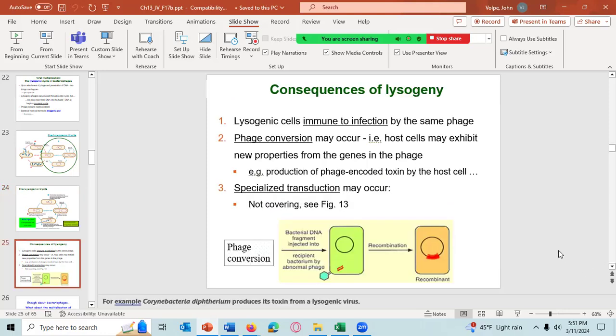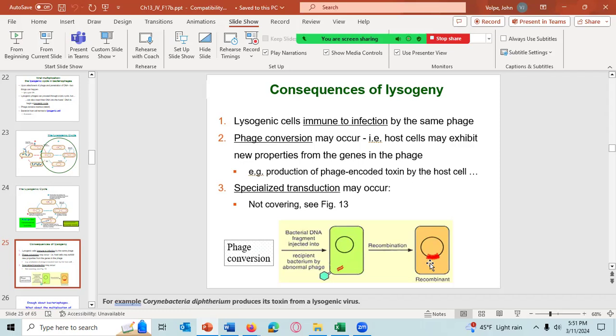All right, there are some consequences to lysogeny. First, a lysogenic cell, meaning a host cell that has a lysogenic virus in it, is immune to infections from a virus of this species of bacteriophage. So once you have one copy of the lysogenic virus in you, the host cell is immune to further infection by that species of virus.